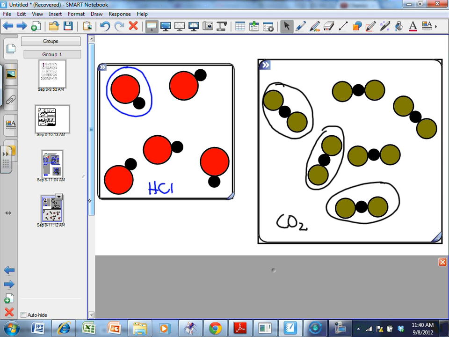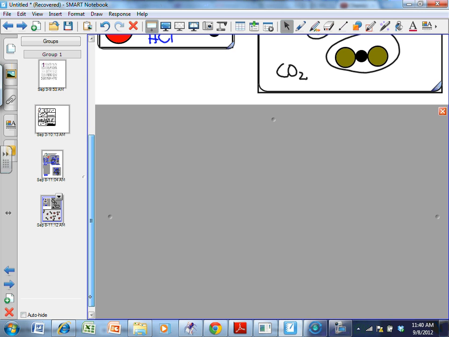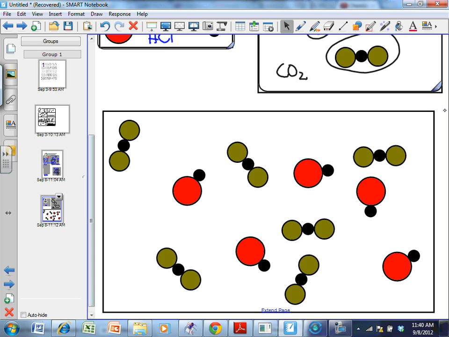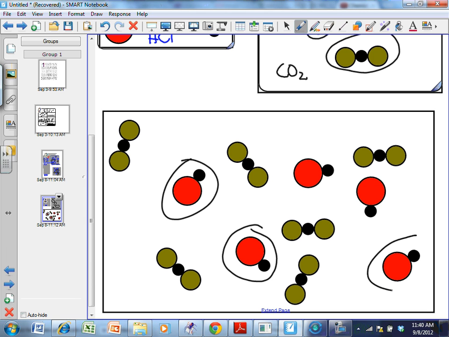Okay? Let's look at what would happen if we mixed HCl and CO2. Now we have a mixture of compounds. Okay, each of these being an HCl. So this is no longer a pure substance.